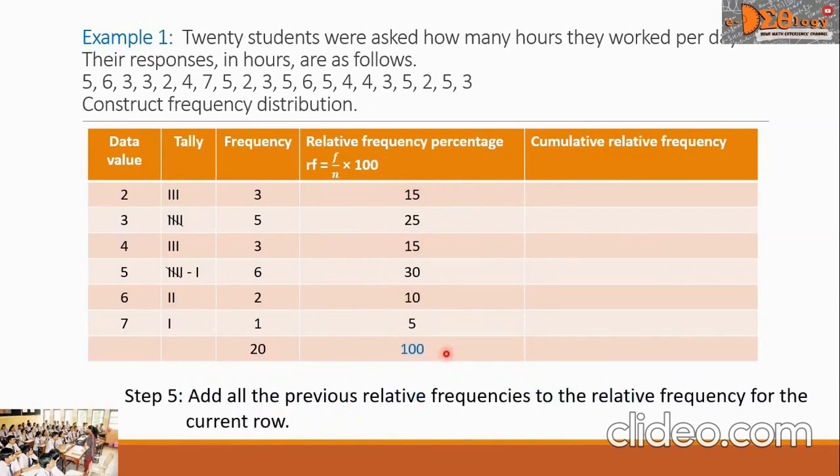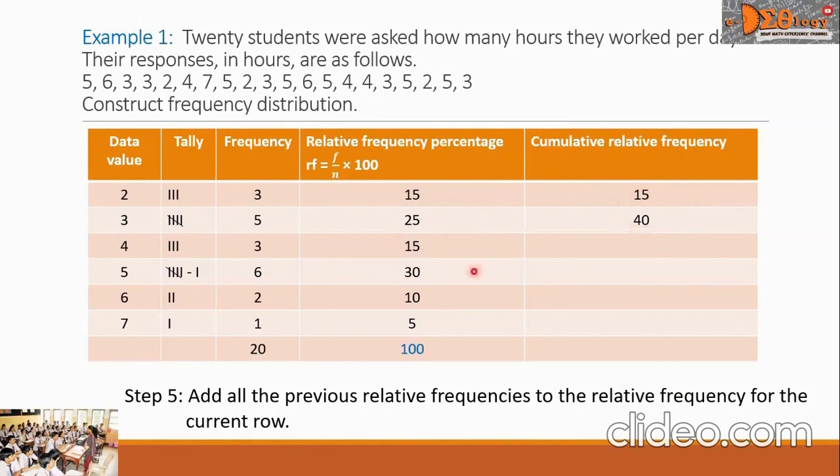Now, for step 5, add all the previous relative frequencies to the relative frequency for the current row. Let us begin with the first row. This number 15 we will copy here, and for the next value we will add this 15 with this 25. So 15 plus 25 will be 40.